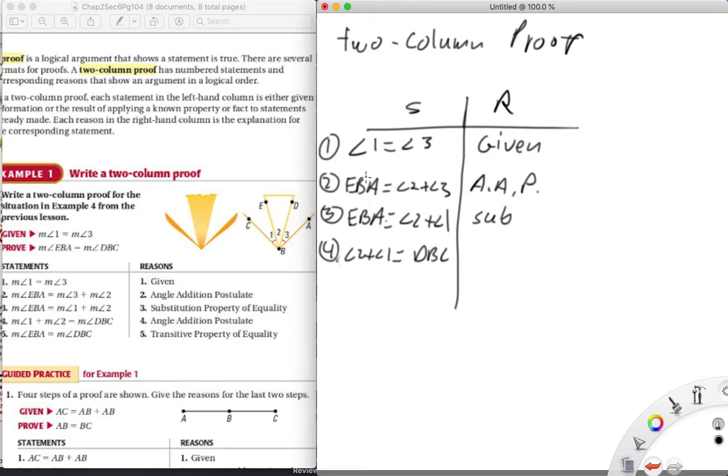A equals B, and B equals C, and there we get that A equals C. So for step 5, EBA is equal to DBC because of the transitive property of equality, which says that if one thing is equal to another and that same thing is equal to something else, then those two must be equal to each other.